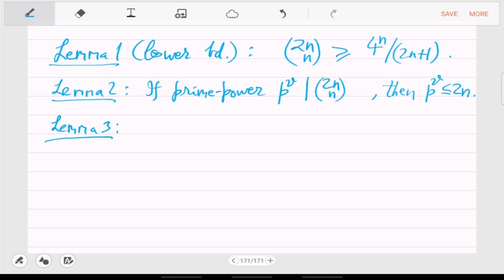And the third lemma I'll call the upper bound. Which says that the product of primes up to n is not too large.